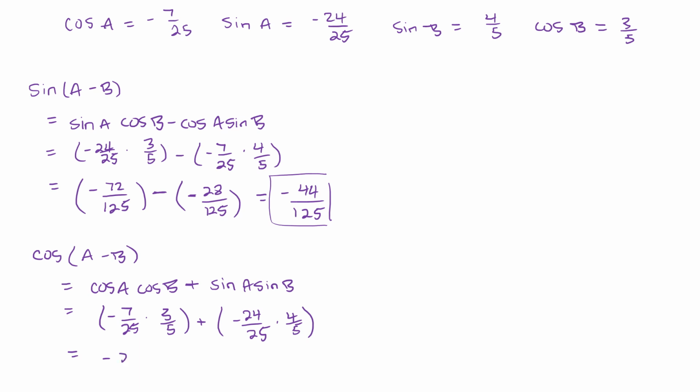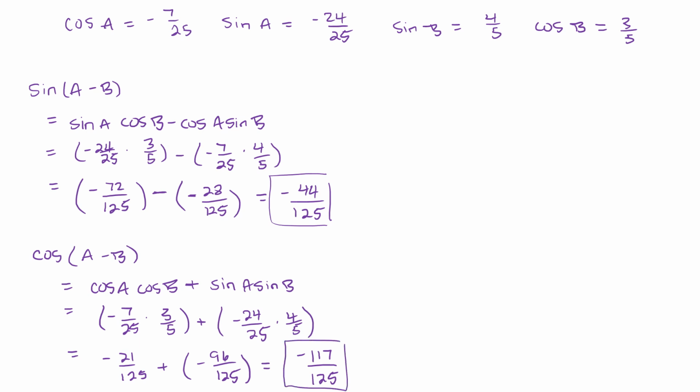So we'll have negative 21 over 125 plus a negative 96 over 125. So when you are adding a negative number, you are subtracting. So we'll subtract 96 over 125 from negative 21 over 125, which gives us negative 117 over 125. So it's a negative value.